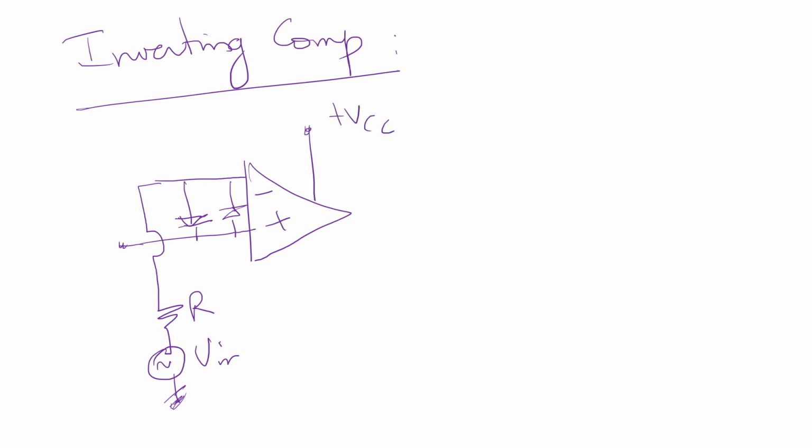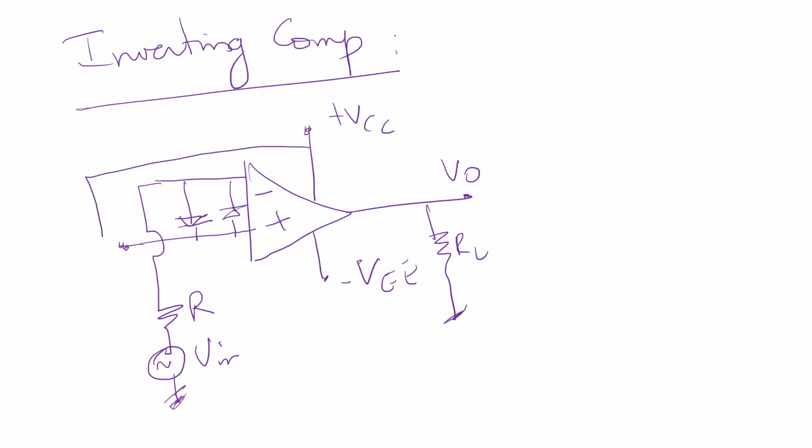Plus VCC, minus VEE. The output voltage is collected across the load resistor. This is the circuit diagram of an inverting comparator.